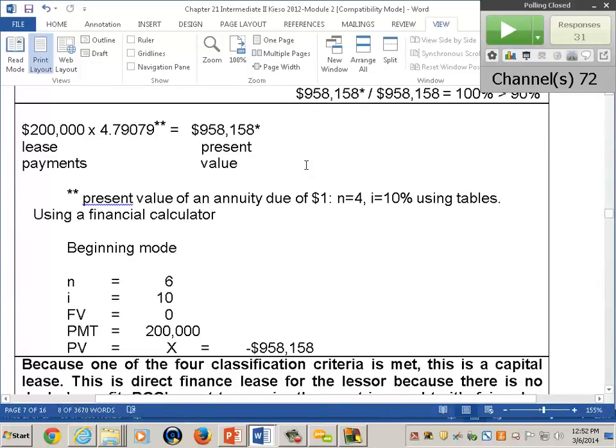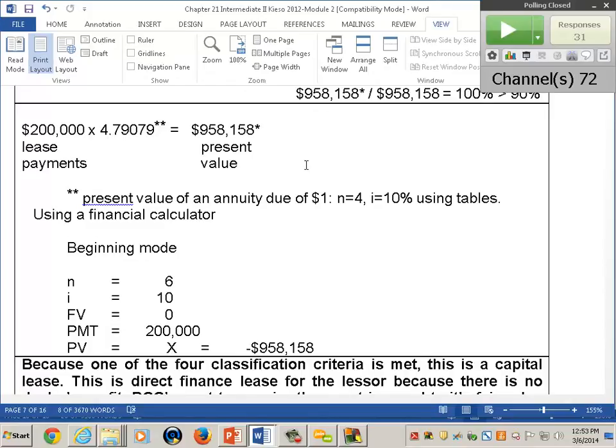So because one of the four criteria is met, and once again we always assume that the group 2 conditions are met for the lessor, it's a capital lease for the lessee, and for the lessor it's a capital lease as well.